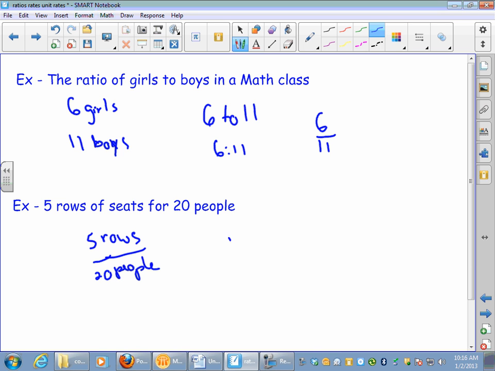If we wanted the people per rows, then it would be 20 over 5. So again, pay attention, make sure you put them in the correct order. Usually when we're talking about a rate, they include the units so that you know which one should go on top, which one should go on bottom.